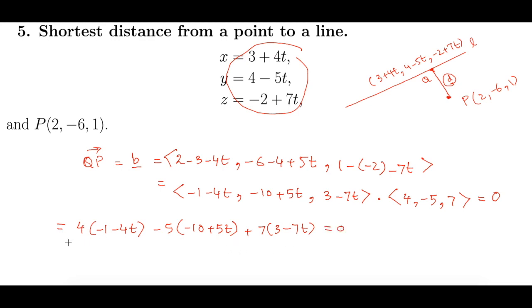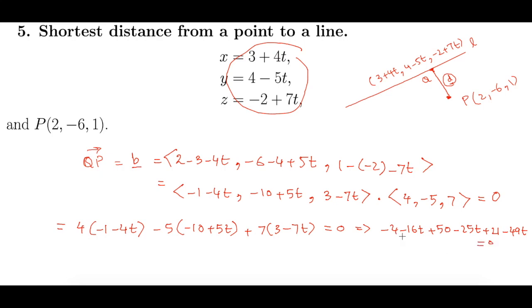Okay, so this becomes minus 4 minus 16t plus 50 minus 25t plus 21 minus 49t. So this is equal to 0.